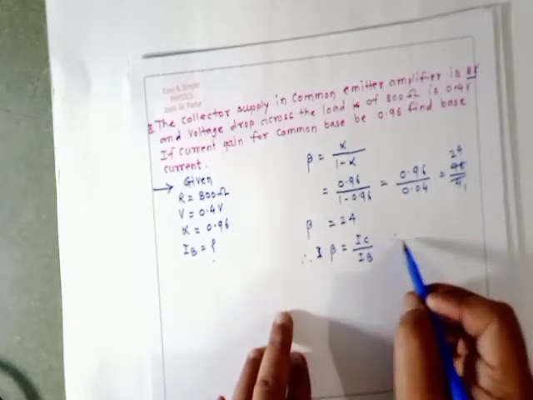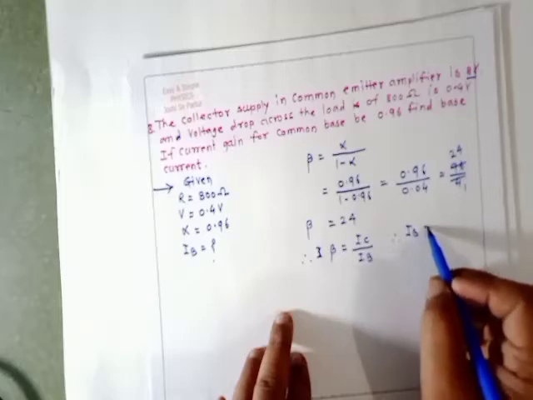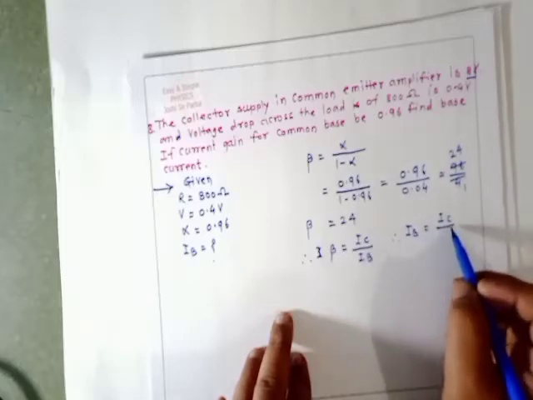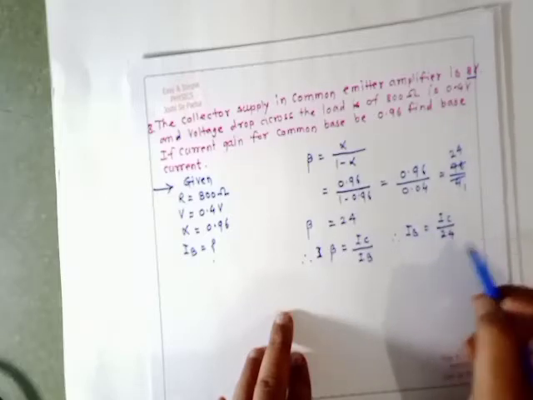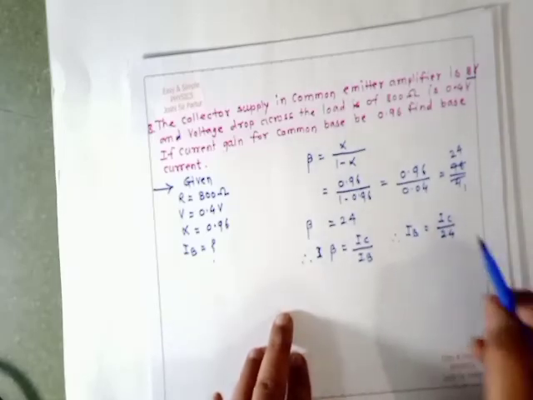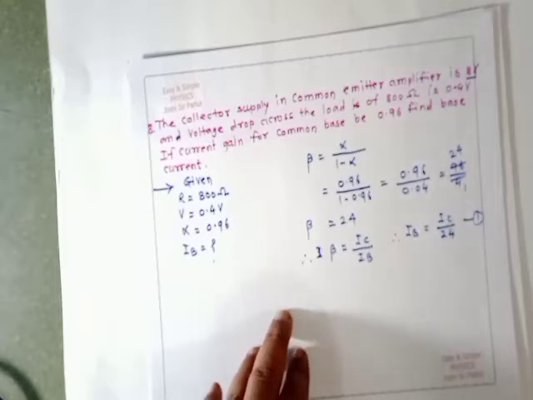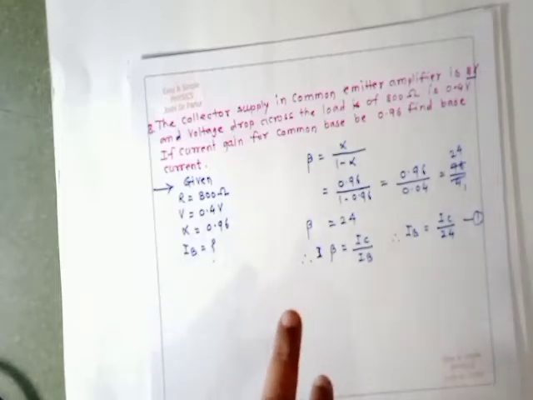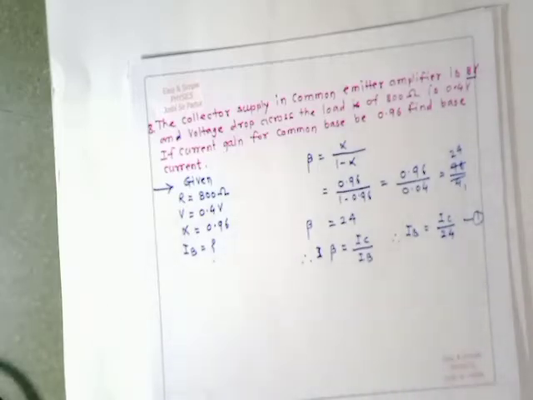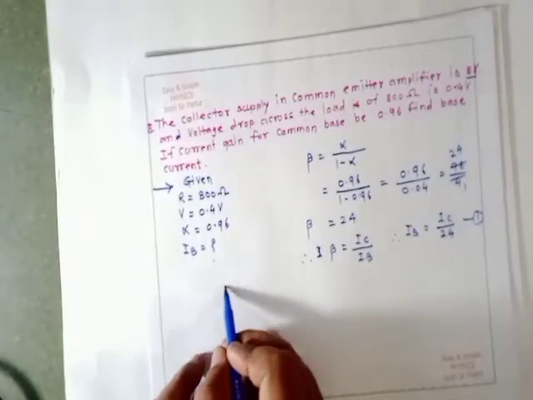So base current is equal to IC upon 24. Suppose this is equation number 1. So here the voltage drop is given. If the voltage drop is given across a load of 800, we can find IC.